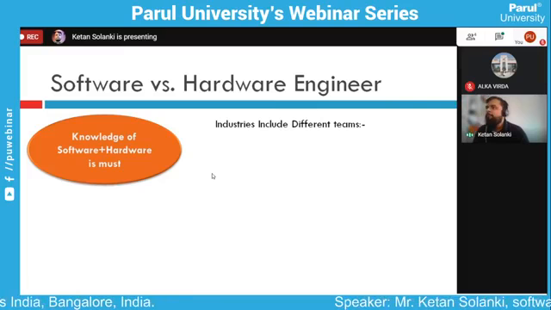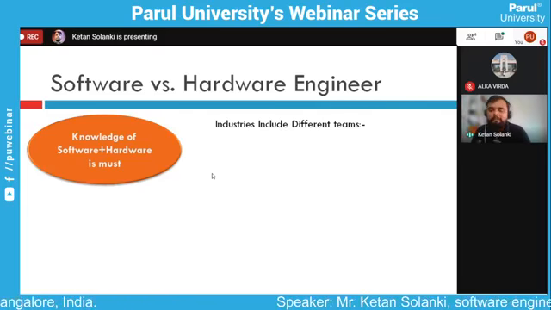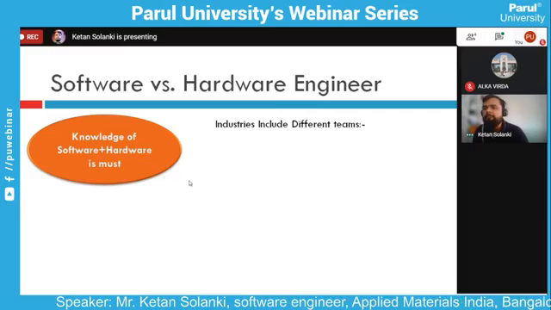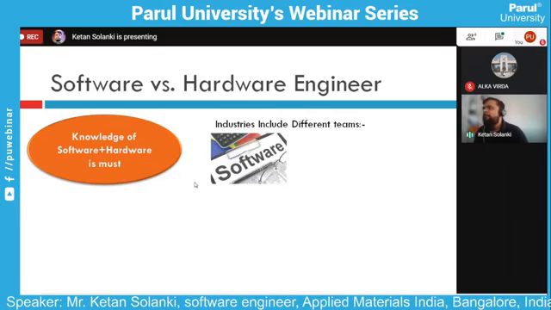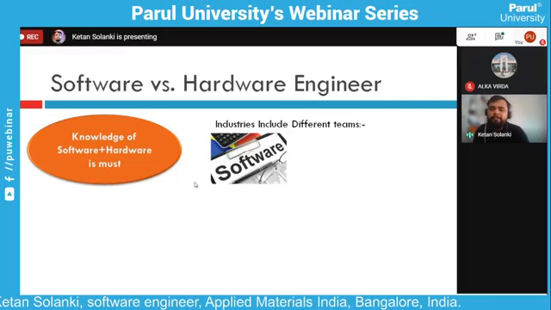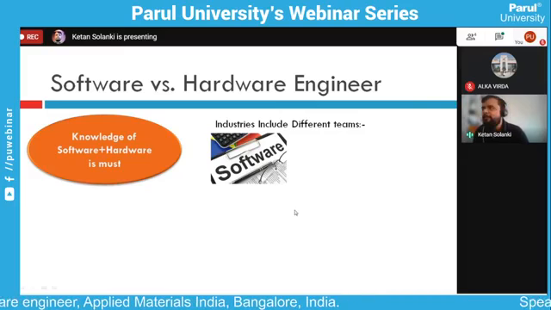So let me introduce the working environment in industry: how industry works, what the departments are, and what teams they integrate with. As we are in the software field, the very first team is the software team, which mainly deals with the software department of the industry.